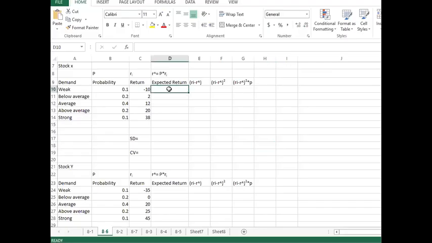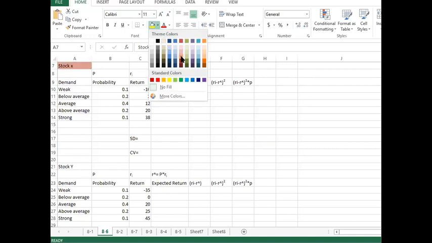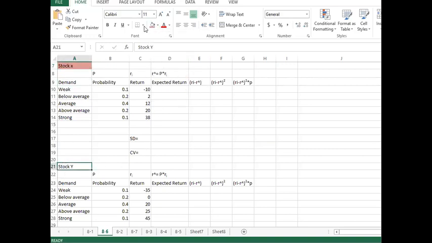Okay, class, we are going to repeat the same procedure first for stock X. Here is the data, or these are the returns for stock X. This is X, and then we will repeat the same procedure for stock Y. So expected return, Ri. For expected return, we are going to multiply P into Ri.